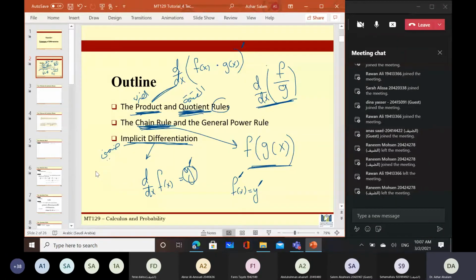But what if I have y inside the equation with x? For example, if I have x plus y equals, let's say, 5.